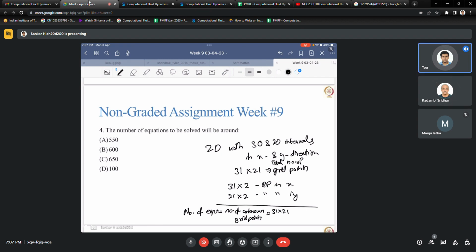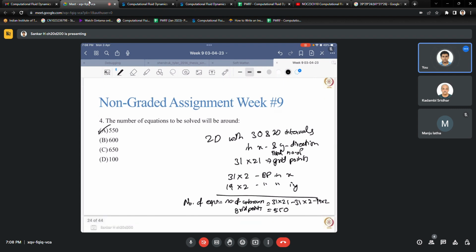We generally don't speak about that corner point, we tend to ignore it. Yes, we can write this as 19 itself. Exactly, we should do that in the right way. 31 times 2 minus 19 times 2. So we'll get this to be roughly 550, depending on how the analysis was done.